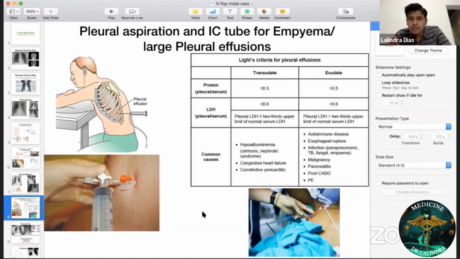So why do you have to aspirate this fluid? One thing is it relieves your symptoms, and also it lets you analyze whether it's an exudate or transudate. Not only that, if you are suspecting a TB effusion, a tuberculous effusion, you can do adenosine deaminase, ADA, in that fluid. ADA is strongly positive in TB effusions.